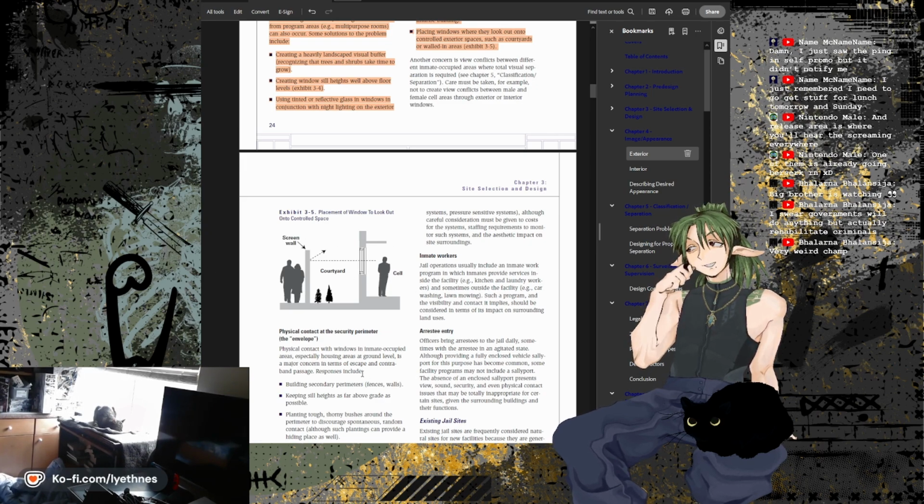There is a term used here, it's called the envelope of the building. When I say envelope, it's basically the exterior facade and structure of the building and how you design it and how it's perceived by those who are either looking in or out of it.